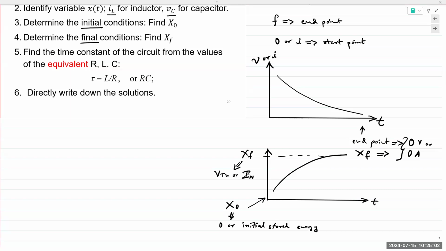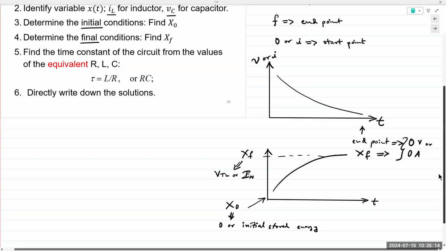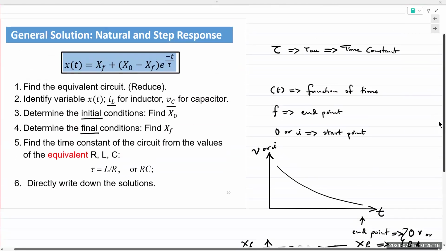If it's not given, then you assume it to be 0. So those are your two values, the initial start point and the final end point, X0 and Xf.